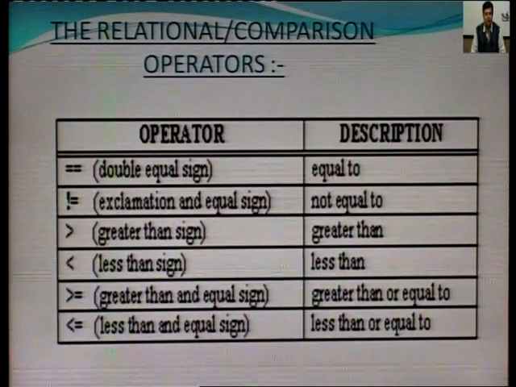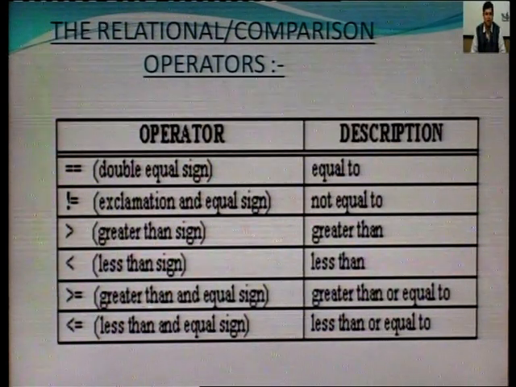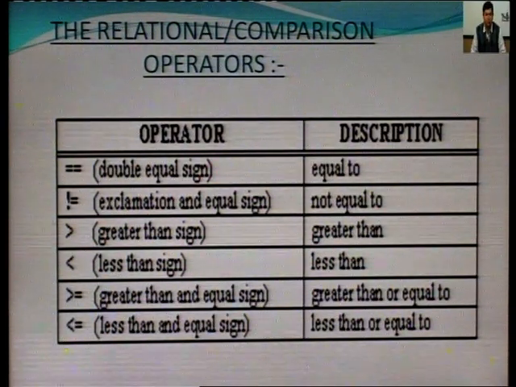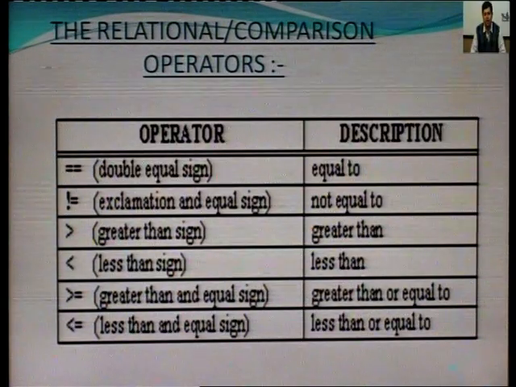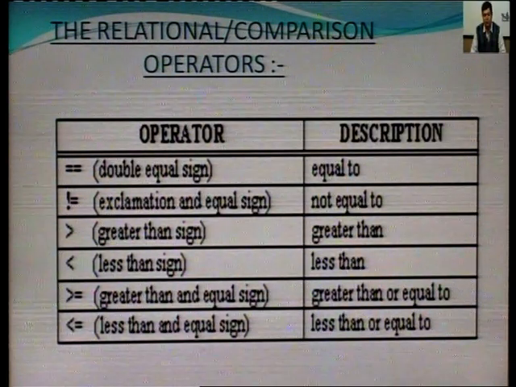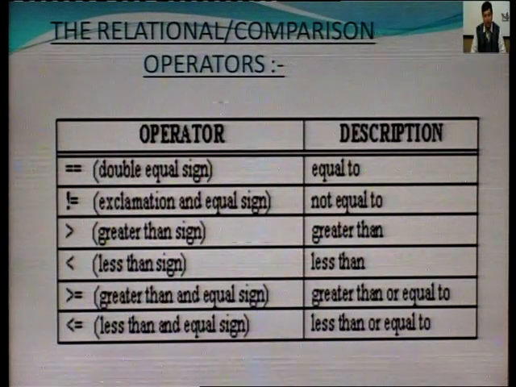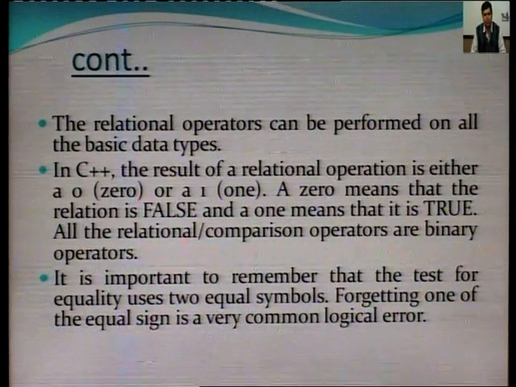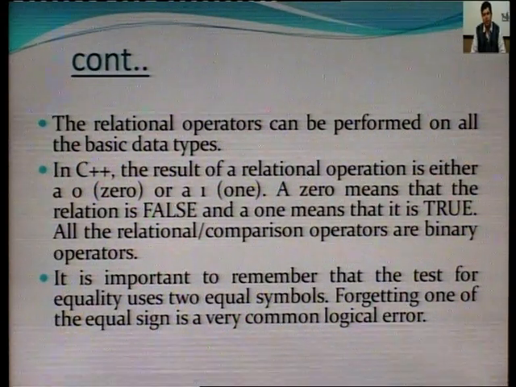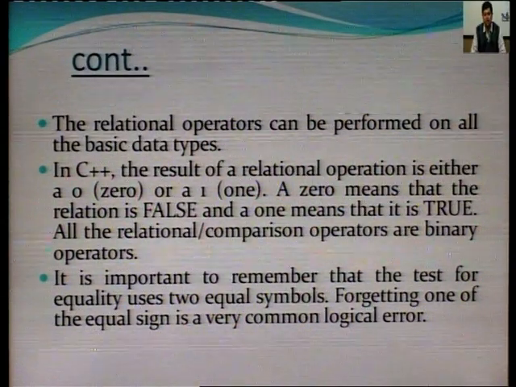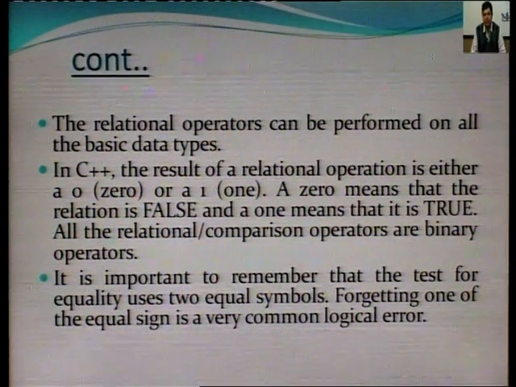Now these are some relational or comparison operators: double equal to, not equal to, greater than, less than, greater than or equal to, or less than or equal to. So these relational operators we do use in object-oriented programming as well. These operators can be performed on all basic types, and the result of these relational operators is either 0 or 1.